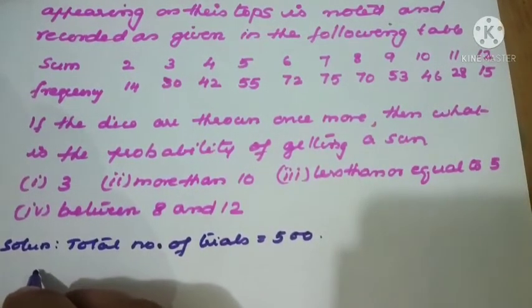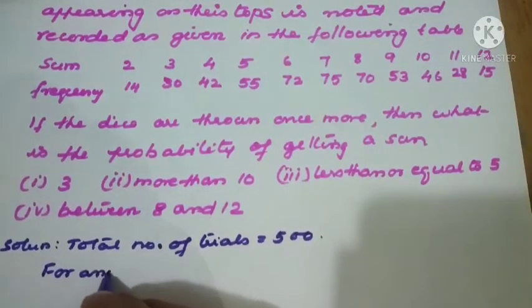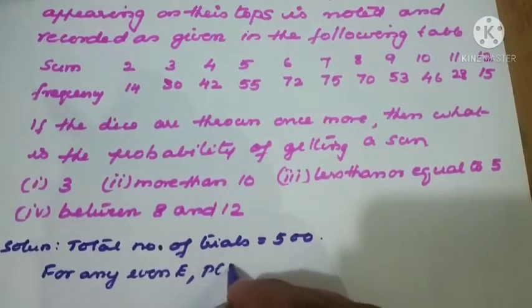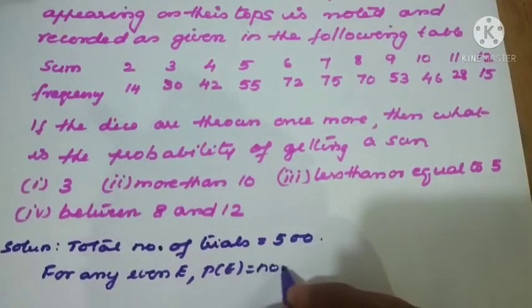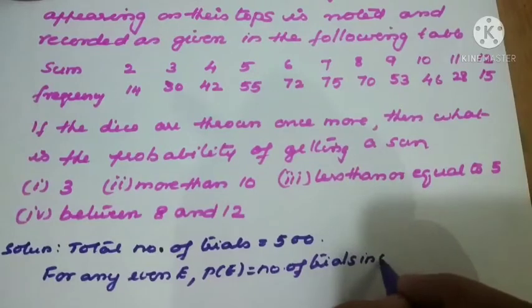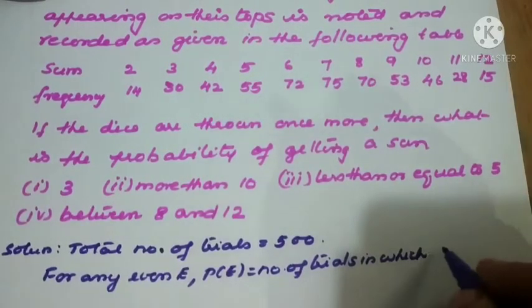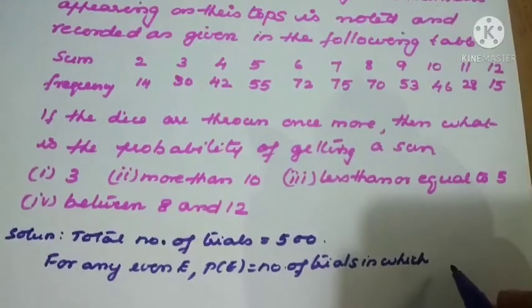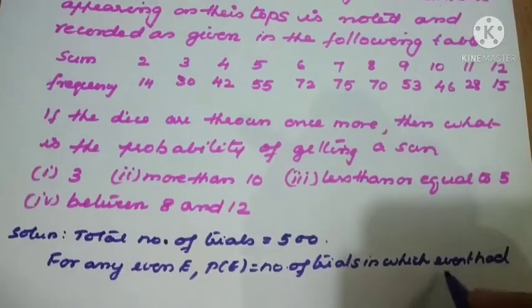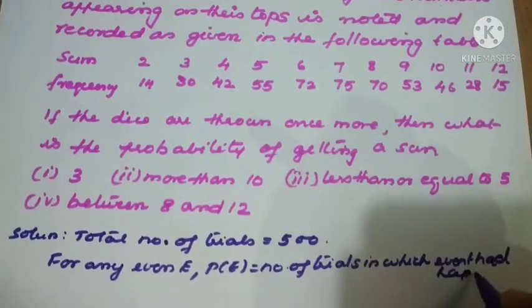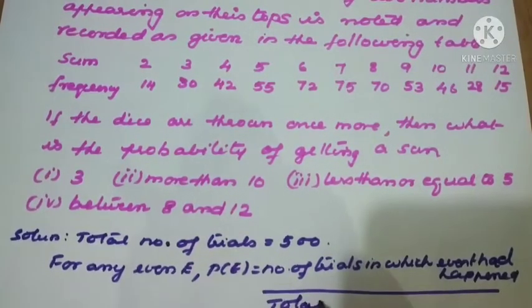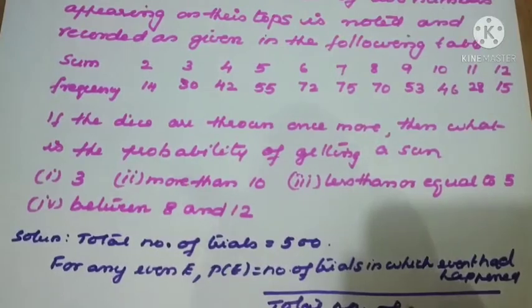Now for any event E, P of E equals the number of trials in which the event had happened divided by the total number of trials.